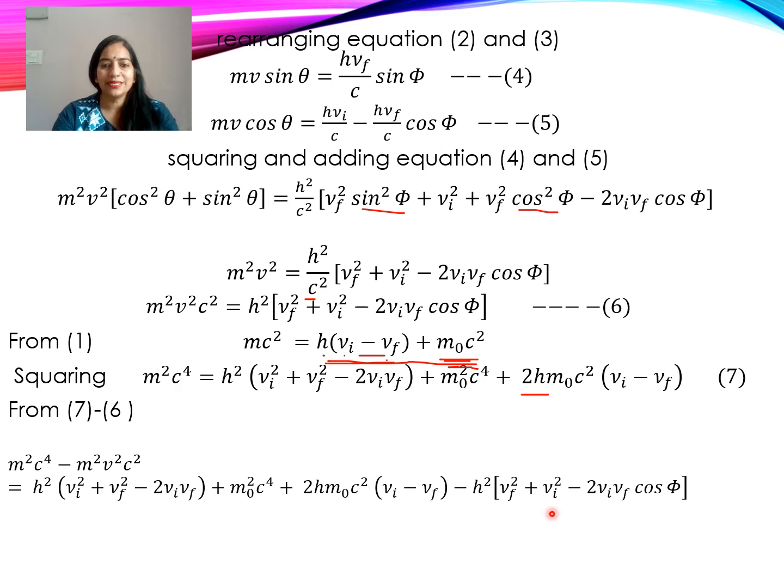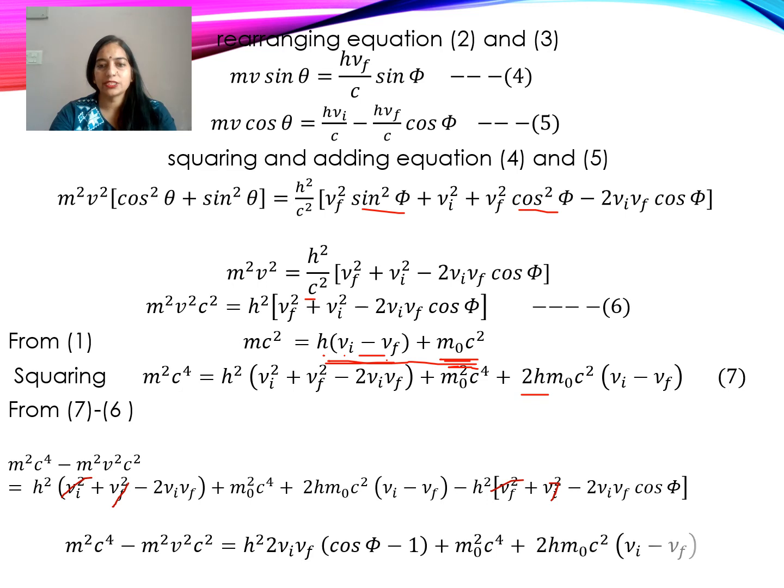Now see this equation carefully and which terms cancel out. If you see this equation clearly, this term cancels out. H square is multiplied inside the bracket. Obviously, both these two terms cancel out.